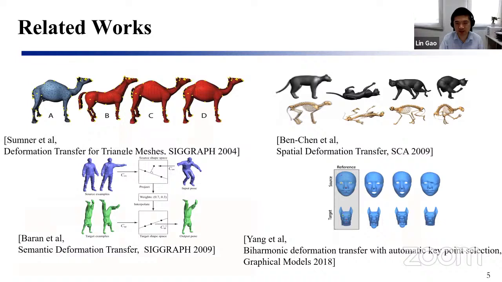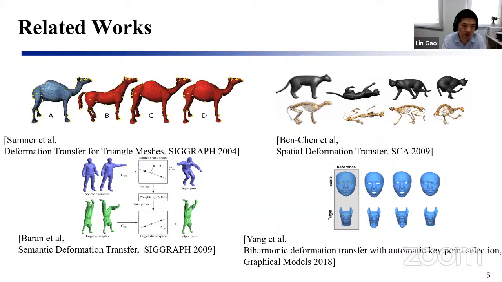This task is named Deformation Transfer. The aim of this task is to transfer the deformation from the source model to the target model. For example, there is the motion of a cat, and we want to reuse the motion or deformation of the cat to deform some similar mesh model, such as a dog.